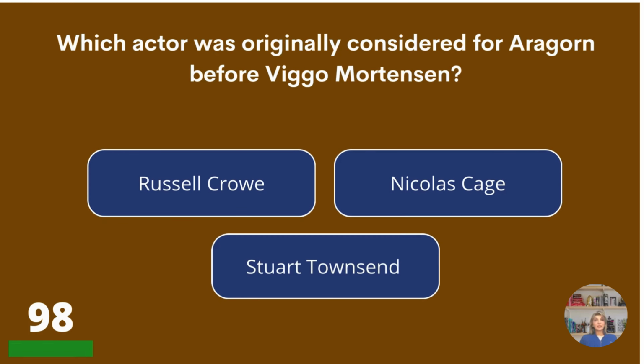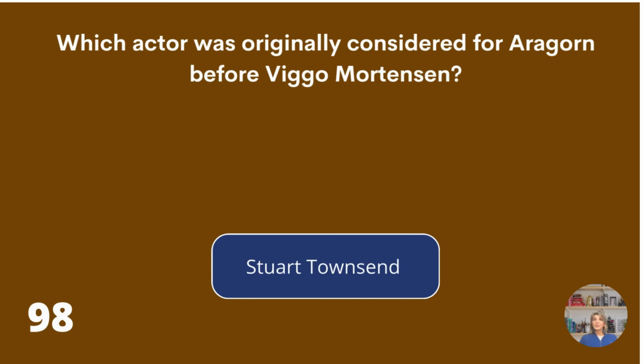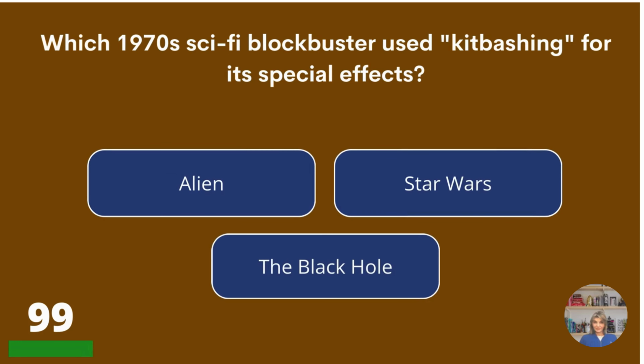Which actor was originally considered for Aragorn before Viggo Mortensen? Russell Crowe, Nicolas Cage, or Stuart Townsend? Stuart Townsend. Which 1970s sci-fi blockbuster used kit bashing for its special effects?